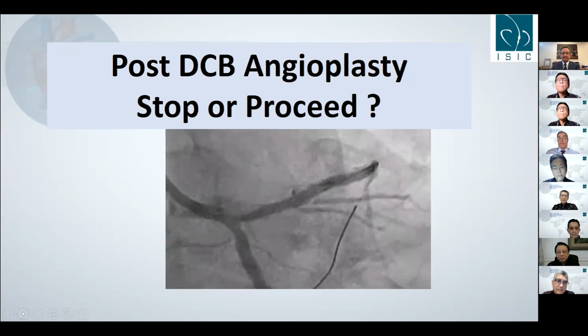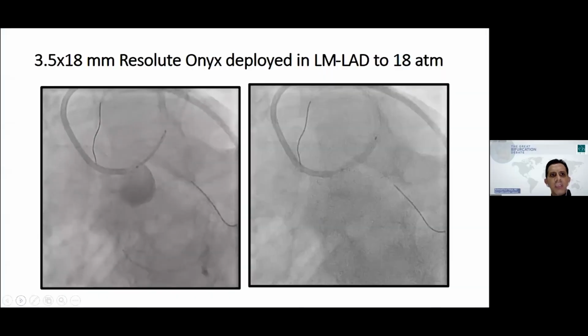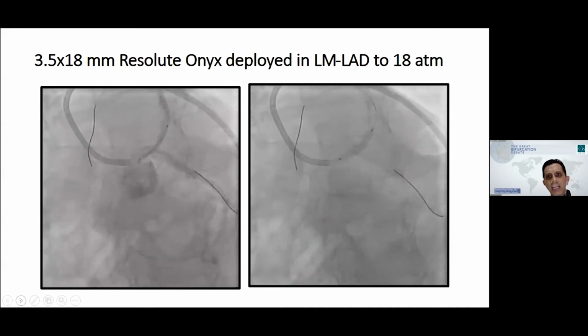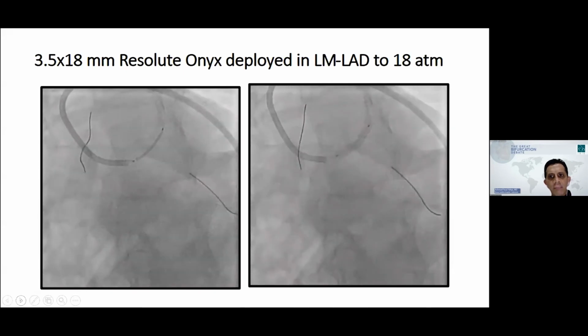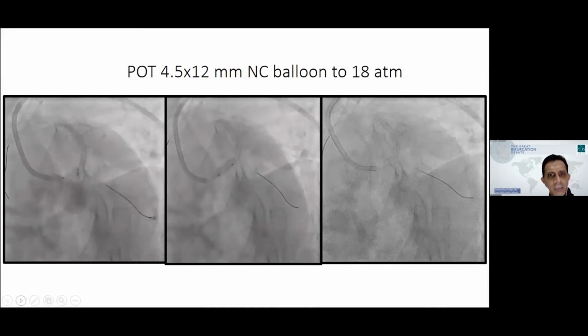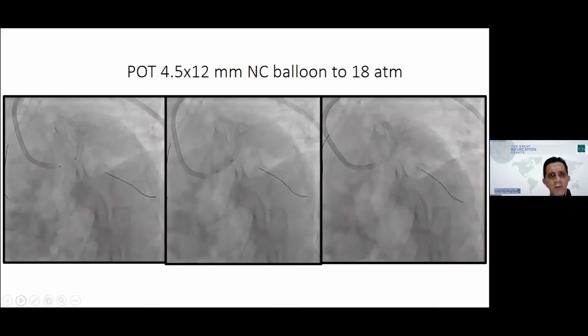So using imaging at that time is not going to change the decision, and you should perhaps reconsider the two-stent technique because the ostial circumflex looks nice. So what we did was put a 3.5 by 30 millimeter Resolute Onyx deployed in the left main to LAD at 18 atmospheres, and then followed by a 4.5 by 12 NC balloon at 18 atmospheres.